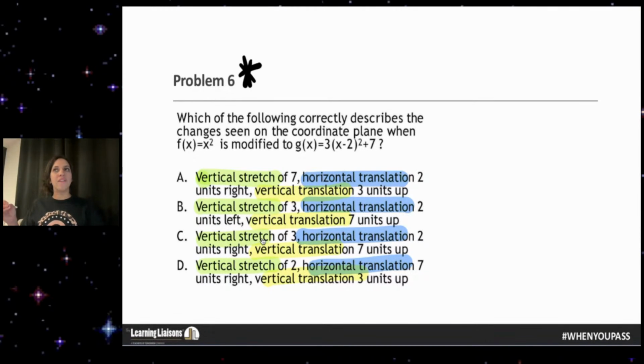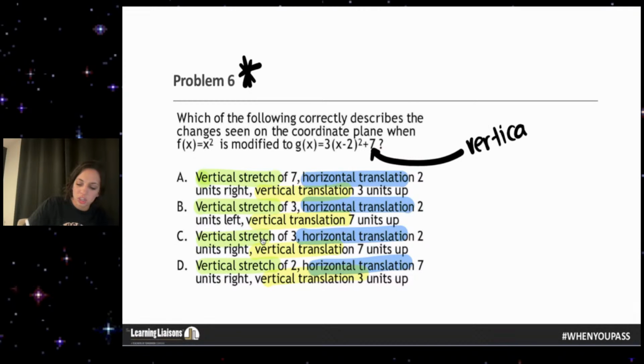Anytime you have a translation of a graph, regardless of whether it's absolute value or a cubic function or anything like that, regardless of what it is, an external translation, so this guy right here, is going to be a vertical shift or translation.